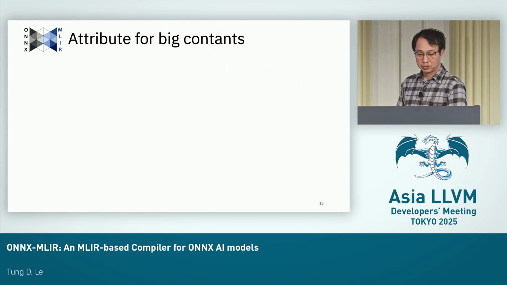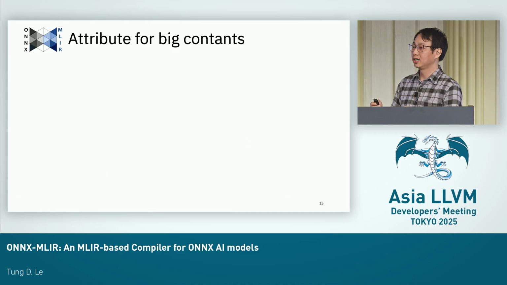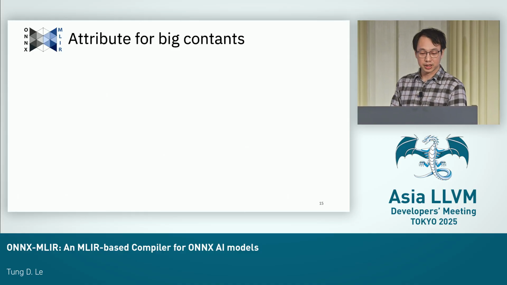The second one is about big constants. You know, AI models have become very big because of the learned weights, right? The computation itself is not so big, but the size of the constants is very big.